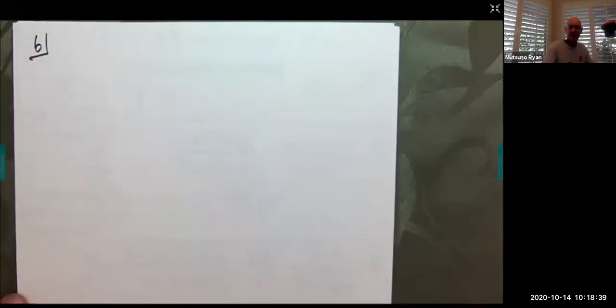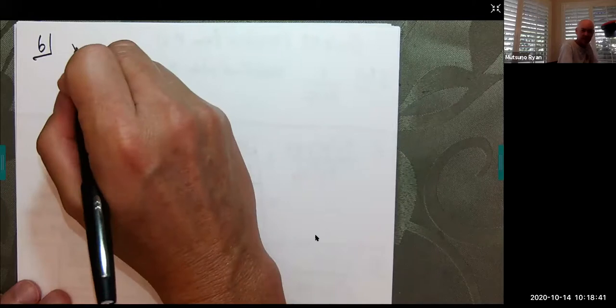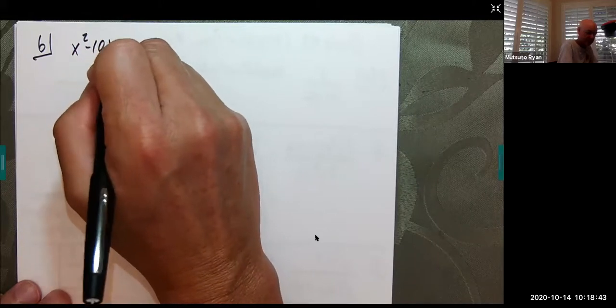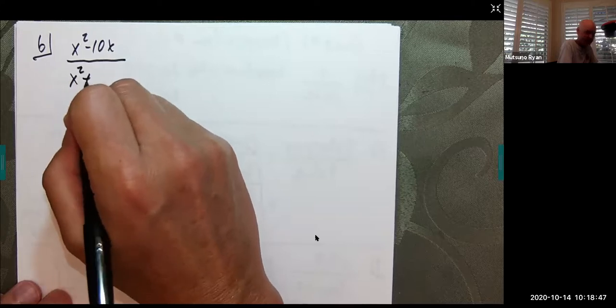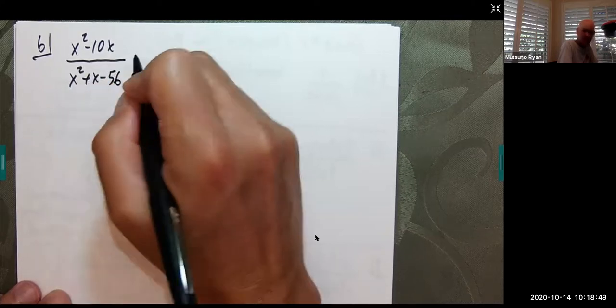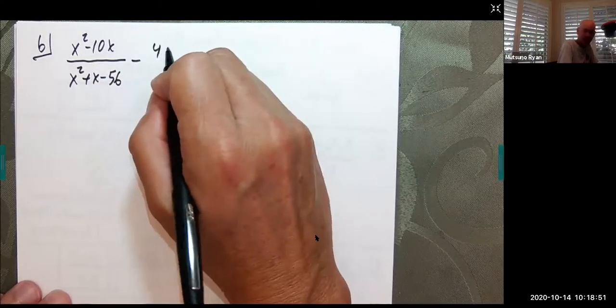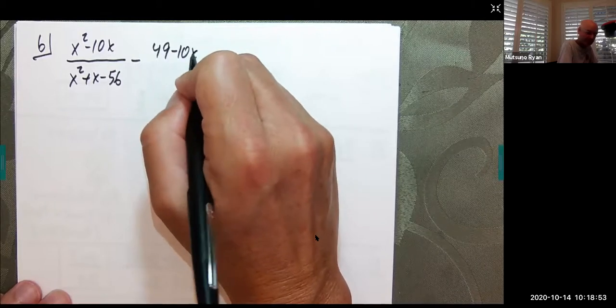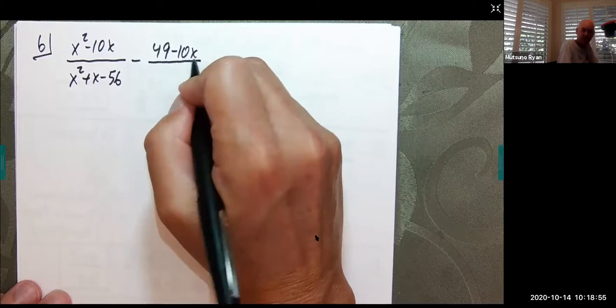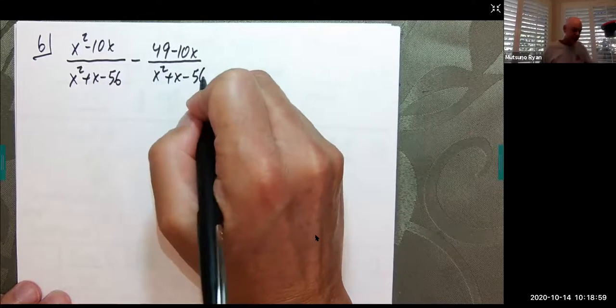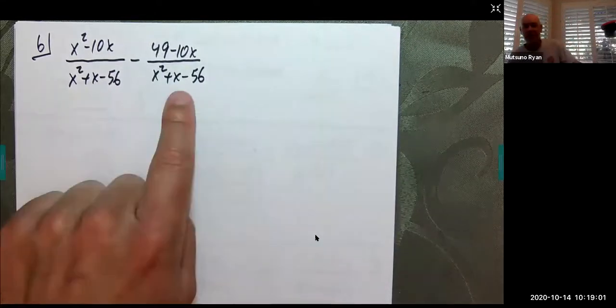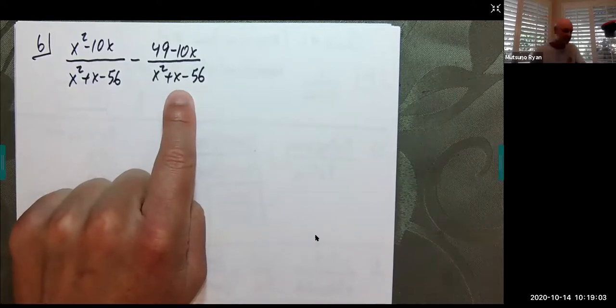Number 6, we're going to subtract. And you'll notice we have the same denominator already. Yay. That makes it a lot easier.